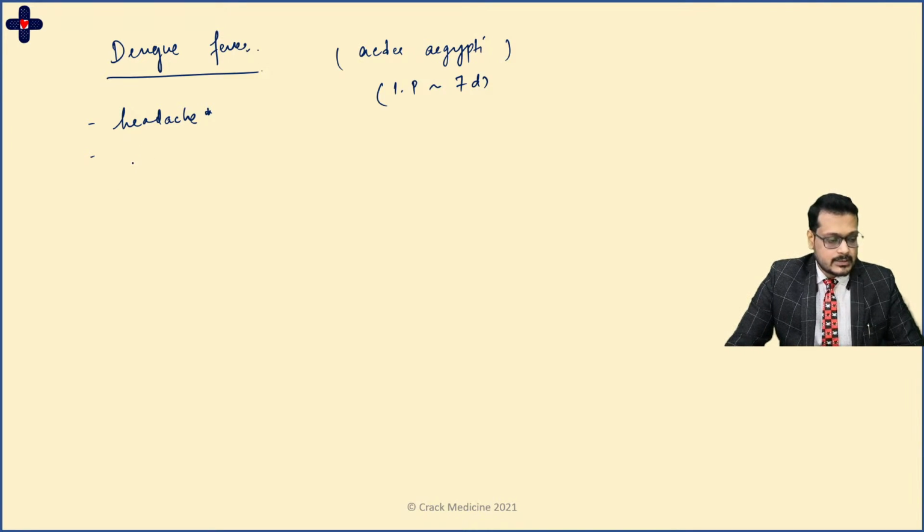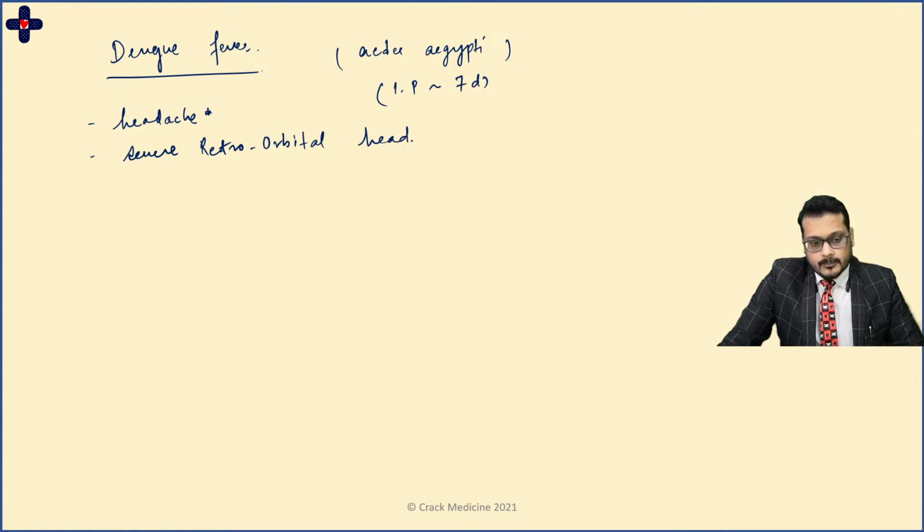But as far as the questions are concerned, there will be severe retroorbital headache. You can also have frontal headache.